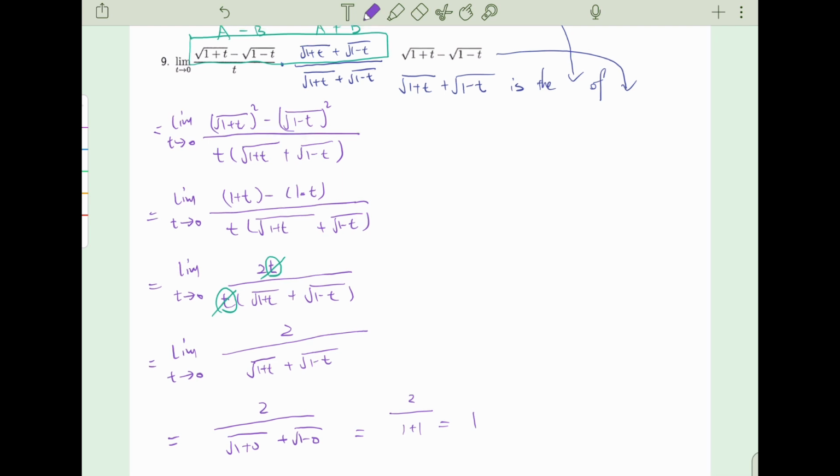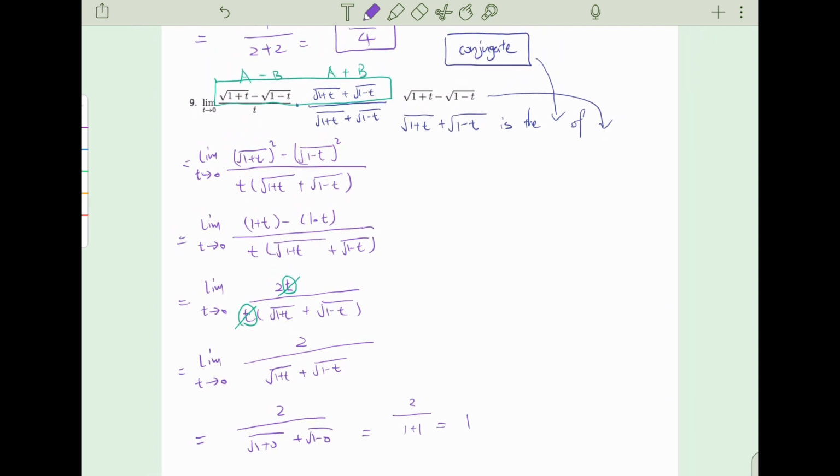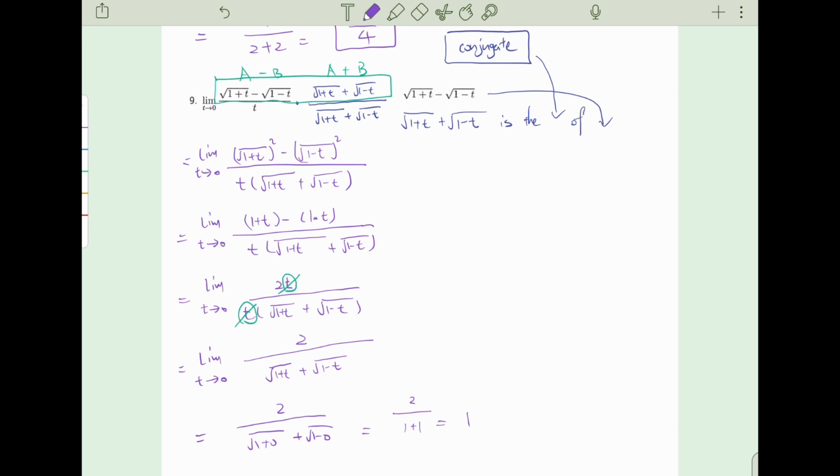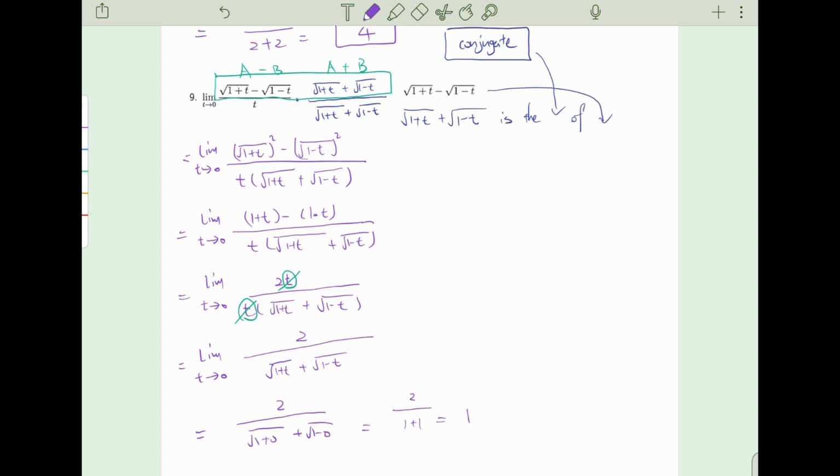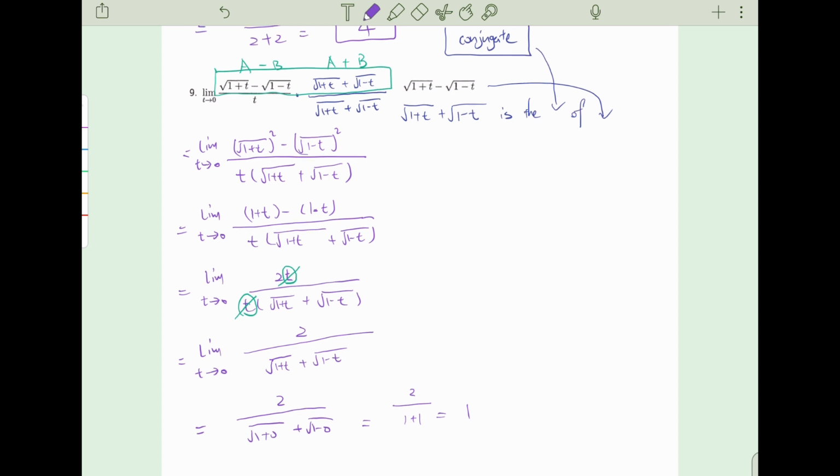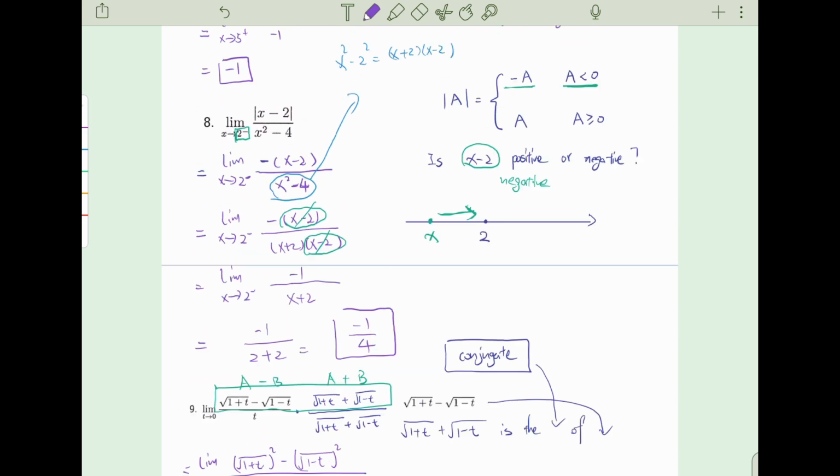We need one more thing, that is to multiply by the conjugate, right? And then we also use the difference of squares formula to get that hidden zero factor out so that we can cancel them, and after that just straight plug in. So it's another technique for us to deal with zero factor type limits. Okay, question 9, keep in mind that is conjugate.